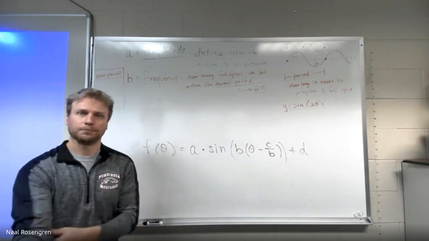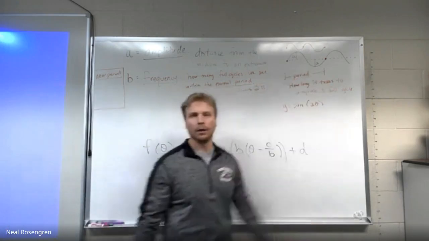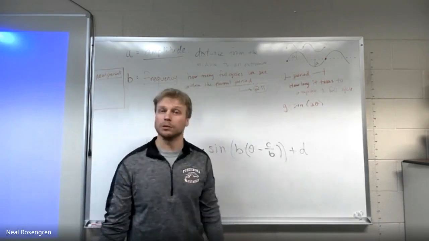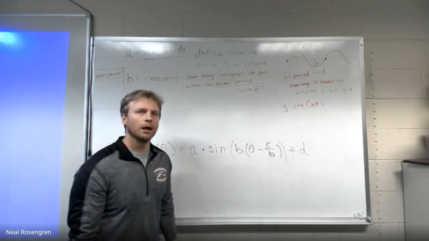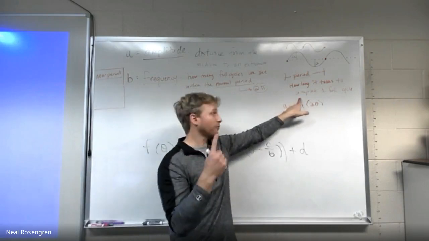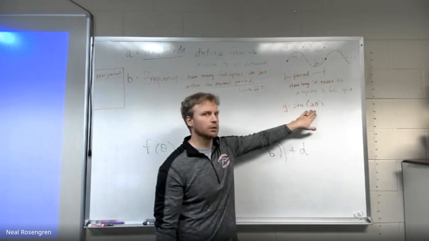So think about it. If our normal period is 2 pi, there it is in black. But now I just went through a full cycle twice, okay? Well then, how long does it take me to complete 1 full cycle in this function?